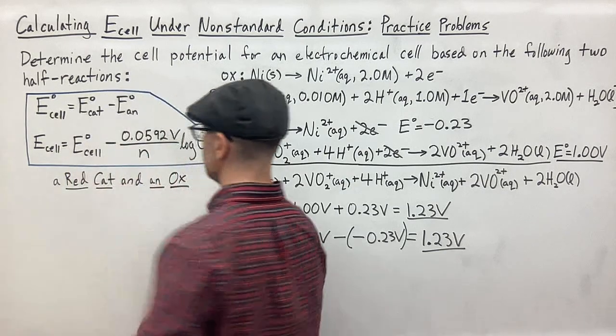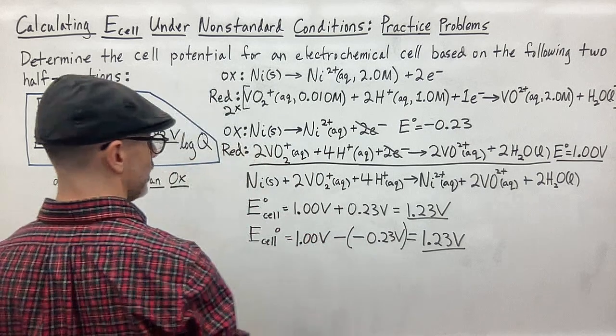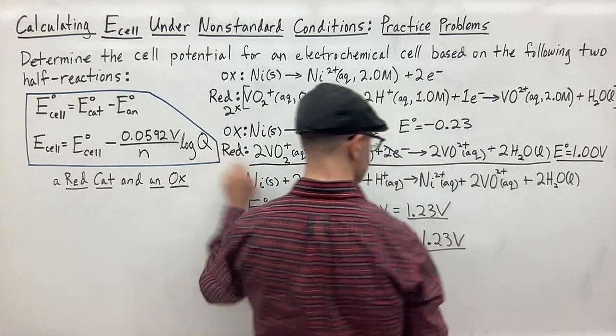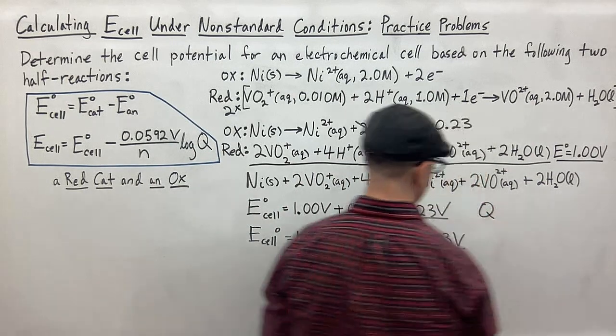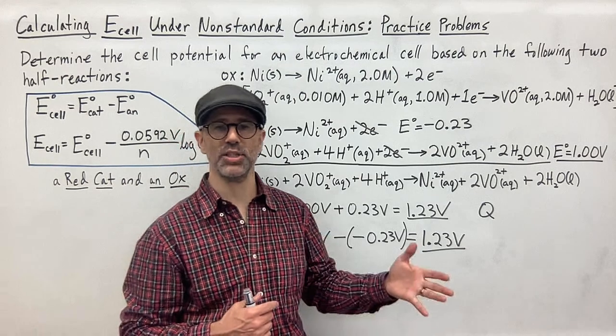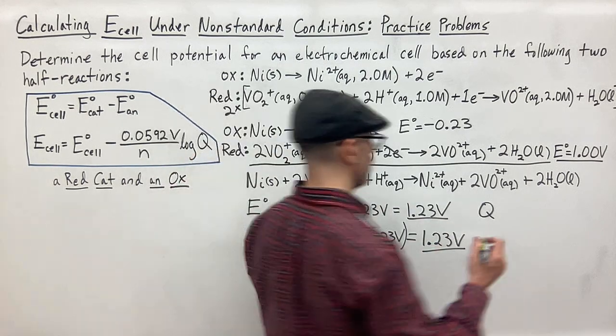So now we can use the Nernst equation. So let's go ahead and calculate Q. We need to find the reaction quotient. Remember, the reaction quotient expression comes from the law of mass action, where you are looking at the concentrations of products over reactants.